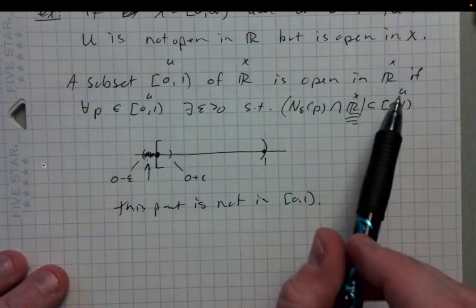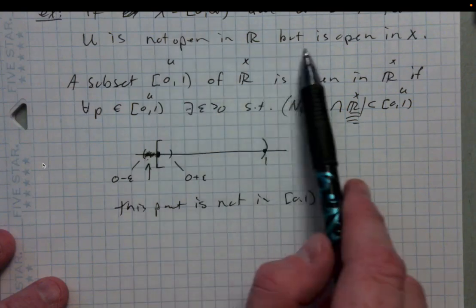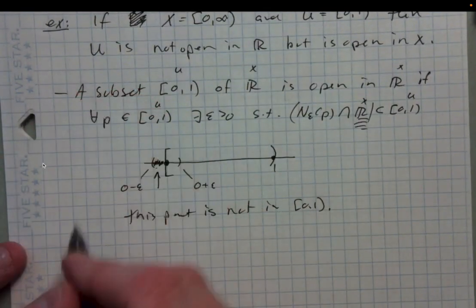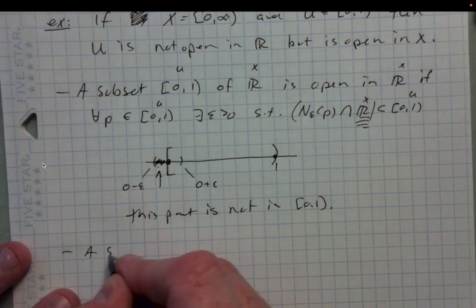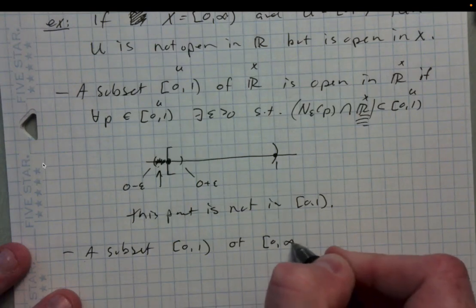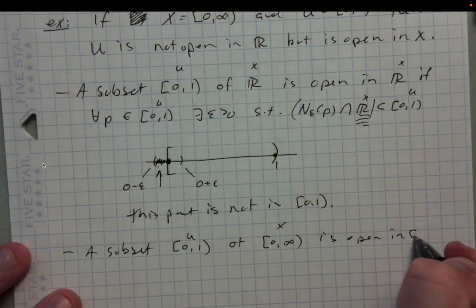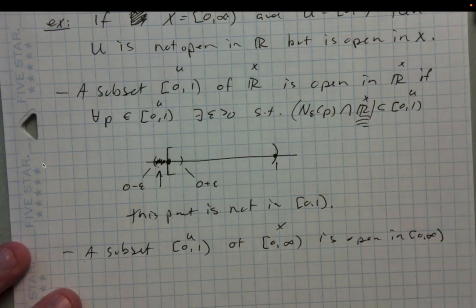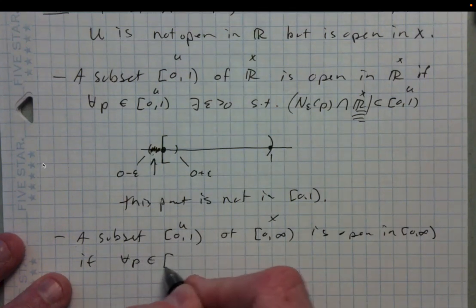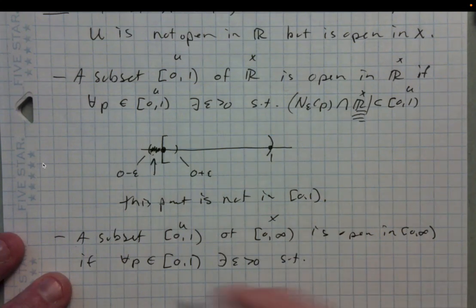Now let's swap in the other piece. So U is not open in R, but U is open in X. So let's see what changes when I consider X instead of R. So a subset 0, 1 of 0 to infinity, this is your U and this is your X, is open in 0 to infinity, and it says it's open if for all p in 0 to 1, there exists epsilon greater than 0 such that what?